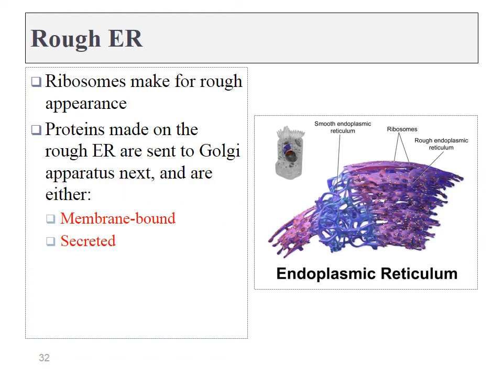The rough endoplasmic reticulum is the region of these tubes that appears rough under the microscope because it is covered in ribosomes. These ribosomes synthesize proteins that will either be secreted from the cell or embedded within the plasma membrane.